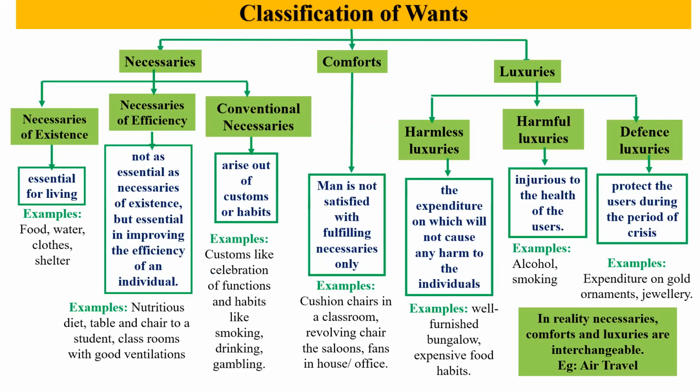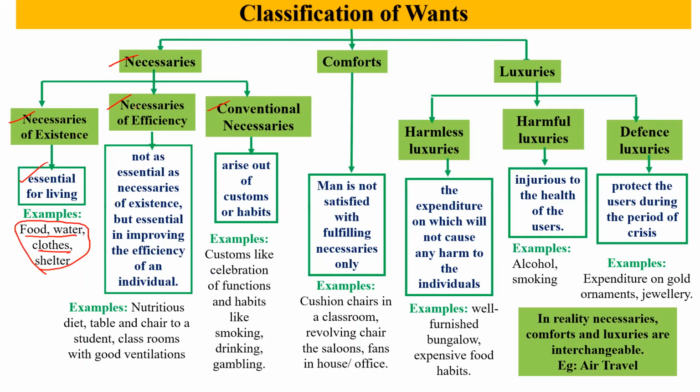Then further, there is classification in these three categories. First we'll see necessaries. Necessaries are classified as necessaries of existence, necessaries of efficiency, and conventional necessaries. Necessaries of existence are those essential for living. For example, food, water, clothes, and shelter. These are the basic needs of a human being.